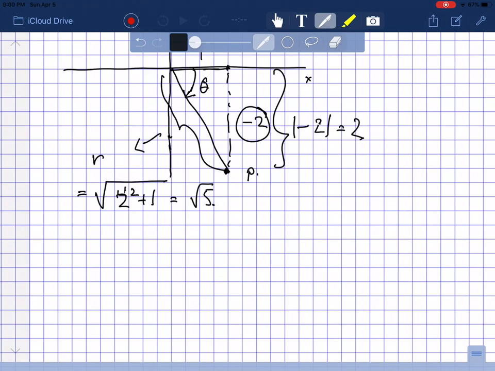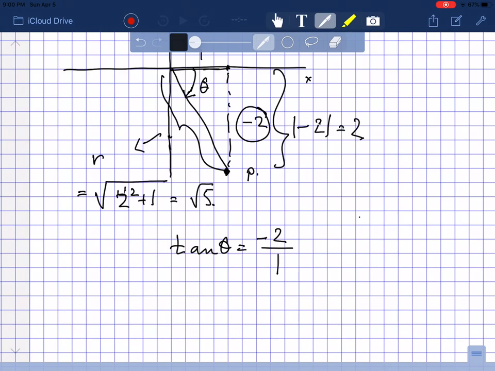Now I have to find this angle here. And how do I do that? Well, that angle, I'm going to call it theta. The tangent of theta is equal to the opposite side over the adjacent side. So this is going to be -2 over 1.